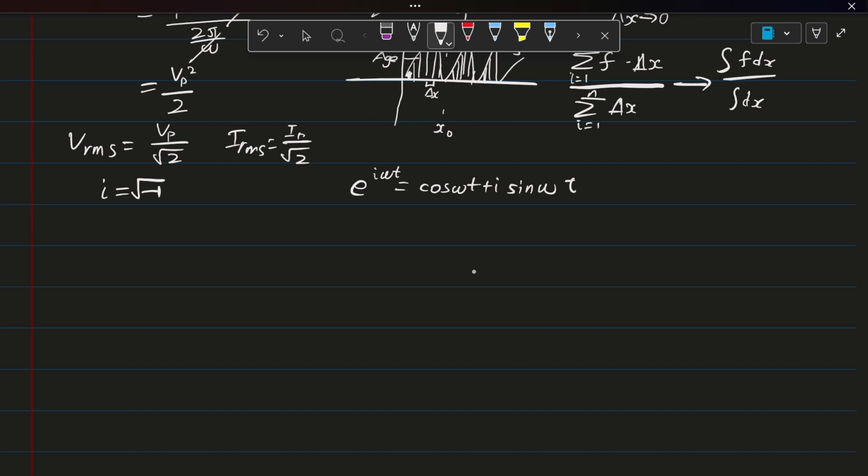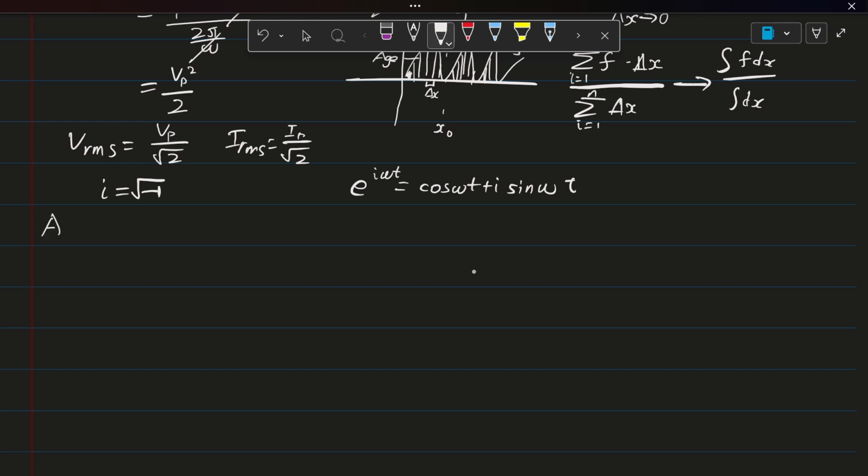So let's say if you are supplying it with a sinusoidal wave, you could describe it as something like this, and then you could just neglect the imaginary part. But the imaginary part is pretty important when you're dealing with AC circuits, which you will later see when we actually discuss AC circuits. So let's jump into that.